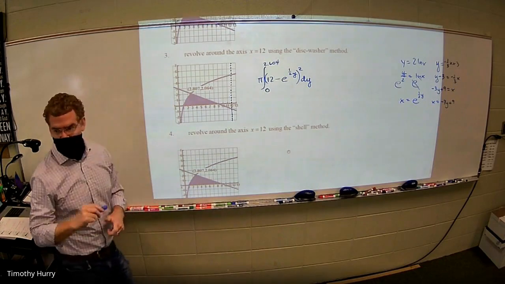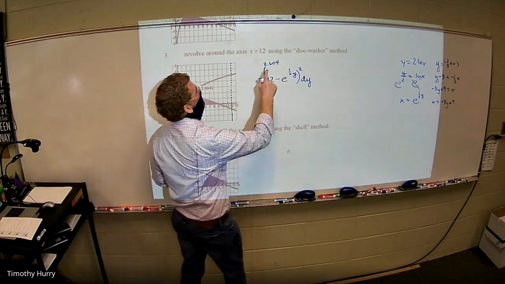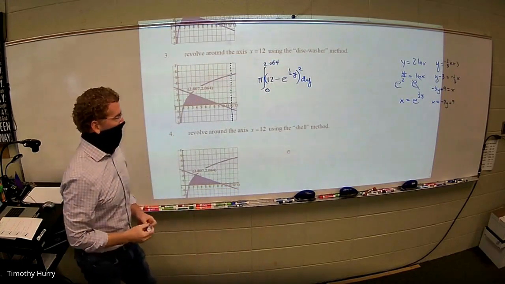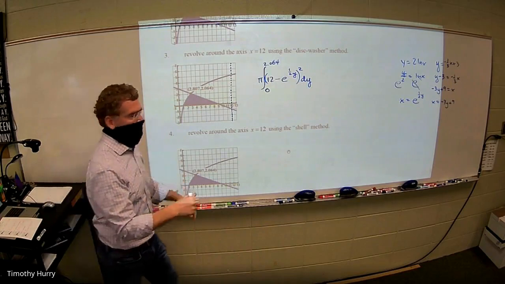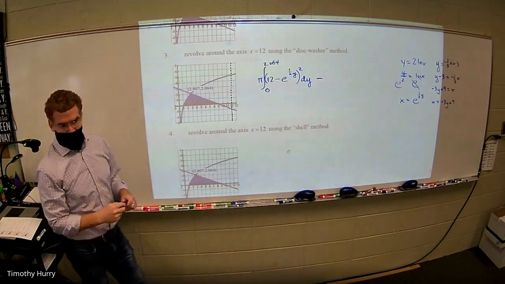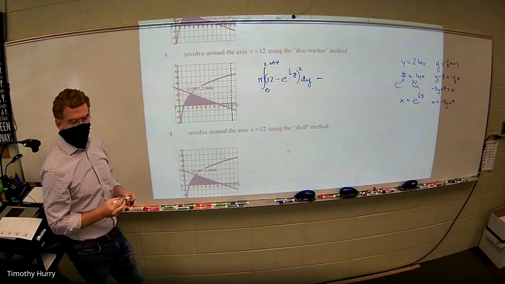So there's your outer. And then I'm going to subtract the hole, which is what? Axis minus center.